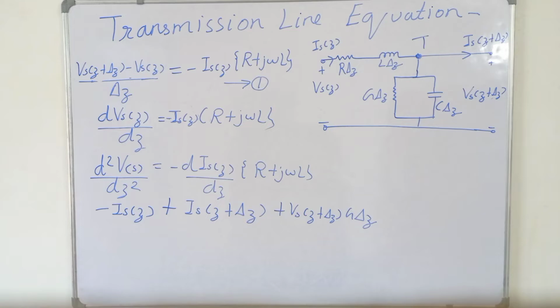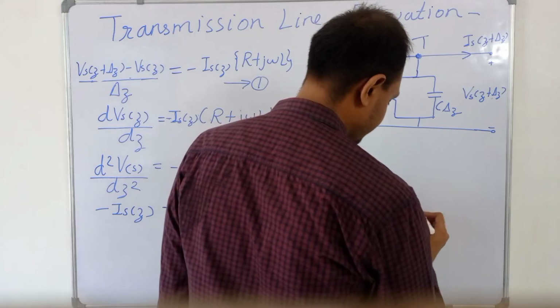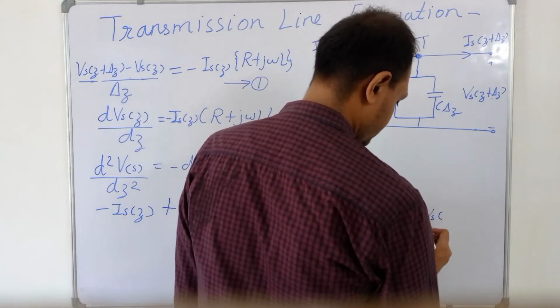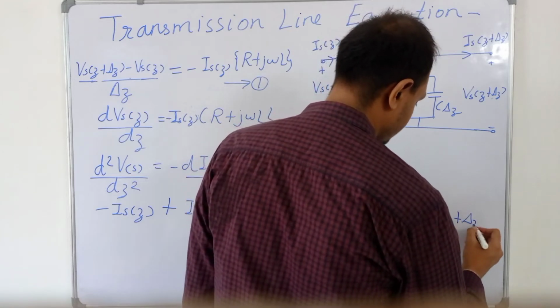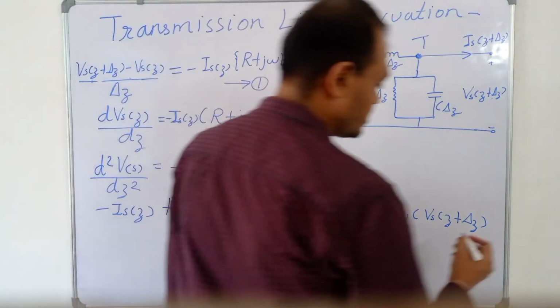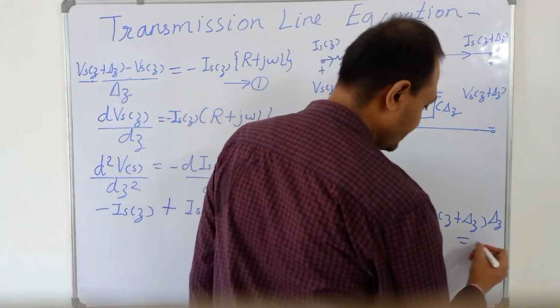And then another outgoing current is plus j omega C Vs of z plus delta z into delta z, and this should be equal to 0.